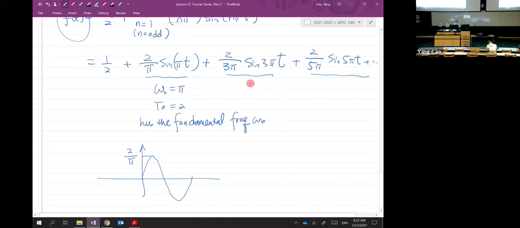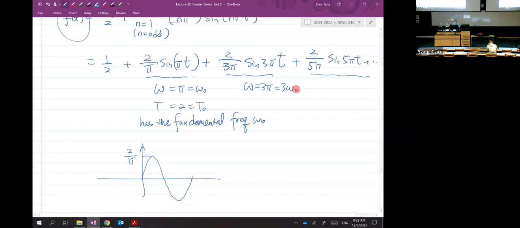And the second term, let's just write omega equal to pi equal to omega naught, and this one equal to T naught, like this. What is the second term's frequency? 3 pi, right? And its period, of course, you can calculate. And 3 pi is 3 multiples of your fundamental frequency.